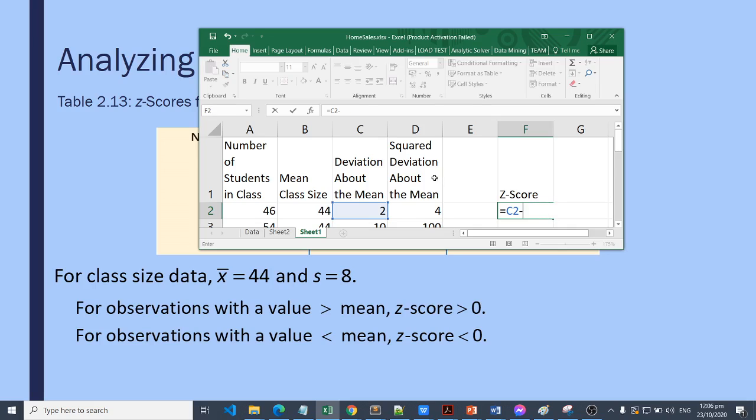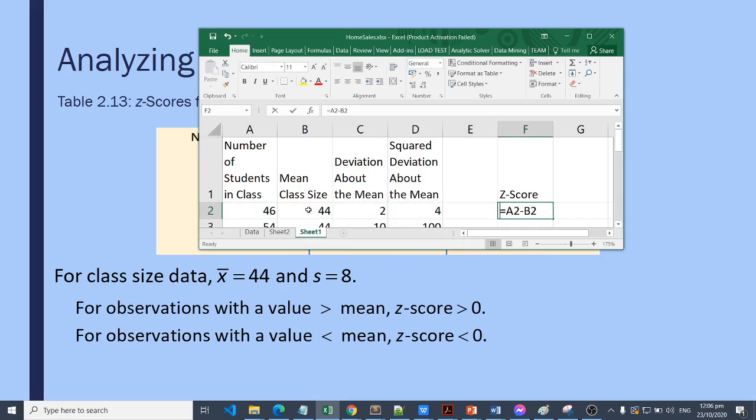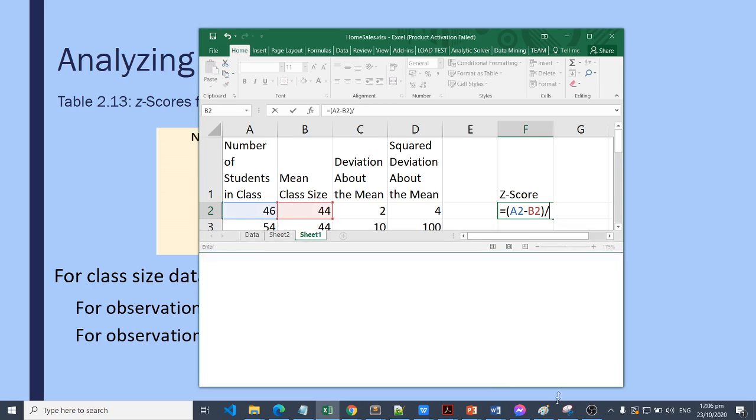So we have to get the observation minus the mean, and we have to enclose it in parentheses, then divided by the standard deviation.